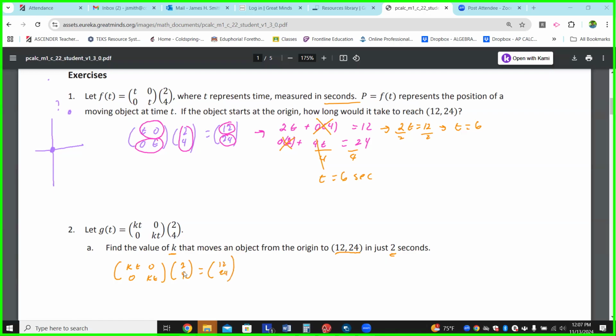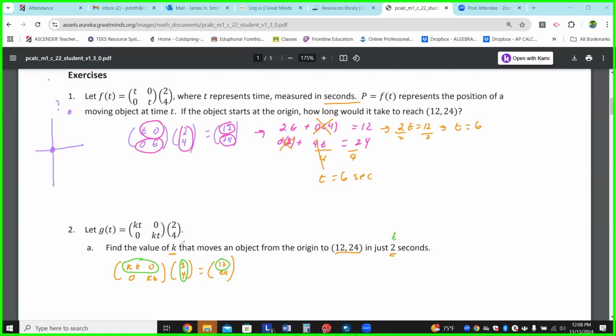So using what we've learned, I can take this row times this column, and it would equal this result. Right? And again, it's telling us the t here. So it's telling us that the t is 2.